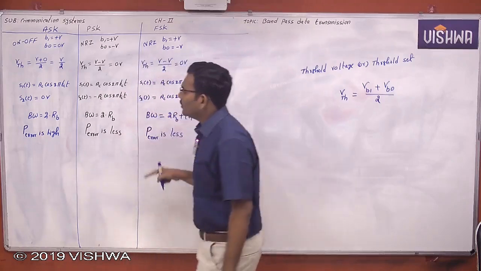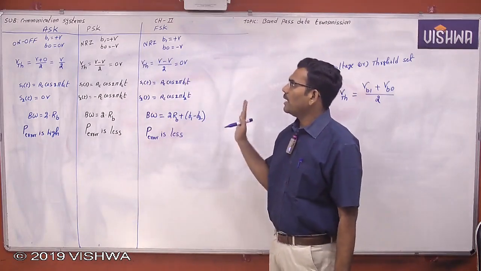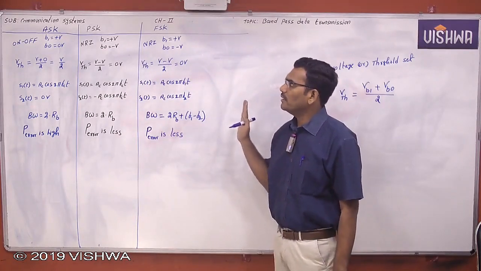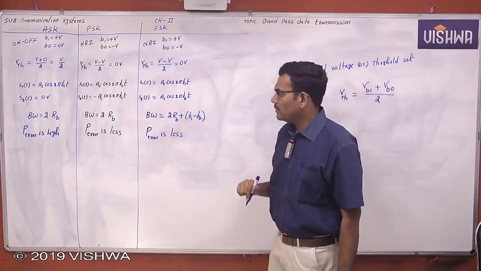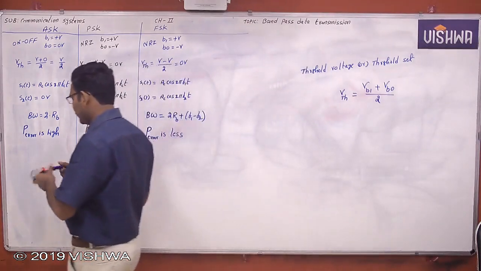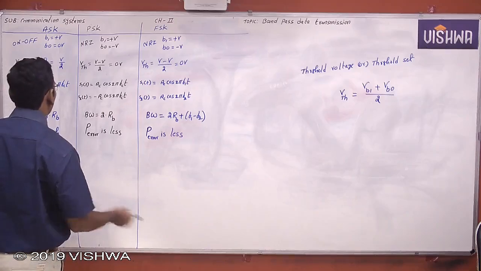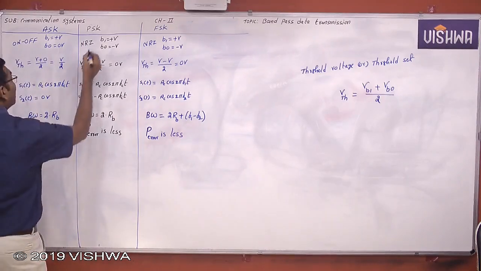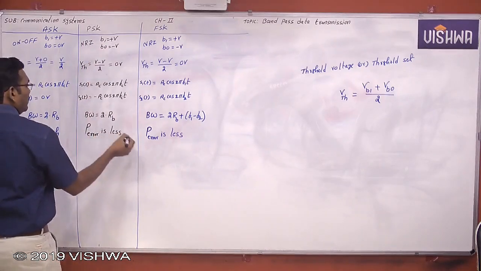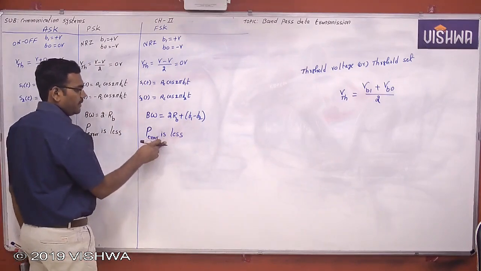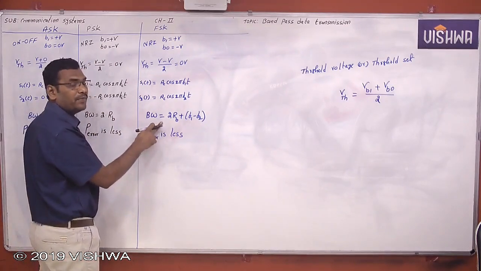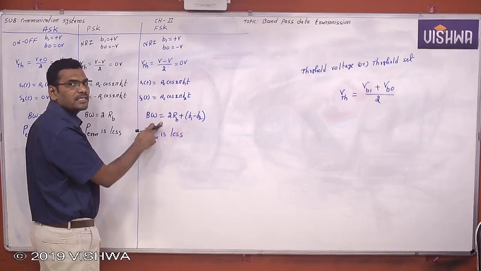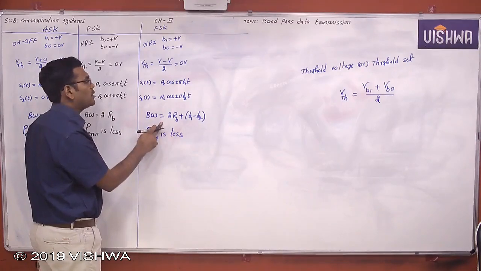So compare these coherent modulation techniques. Here the probability of error is less, but the bandwidth is very high. You know that the best modulated signal is one whose bandwidth is as minimum as possible.